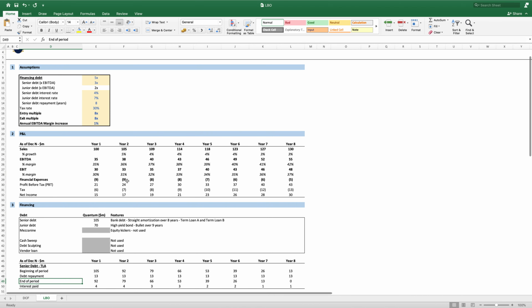Also, what you could have is a mezzanine financing, also called equity kickers. I don't use it here for the sake of simplicity, but it's good to know, since in most LBO models you can come across such kind of financing. So mezzanine is a financial instrument which is midway between equity and debt. For instance, a convertible bond.